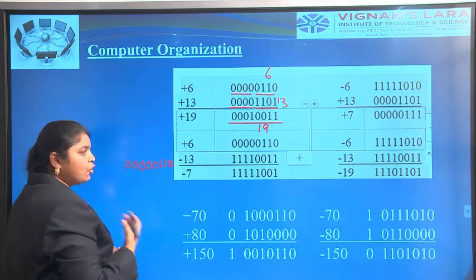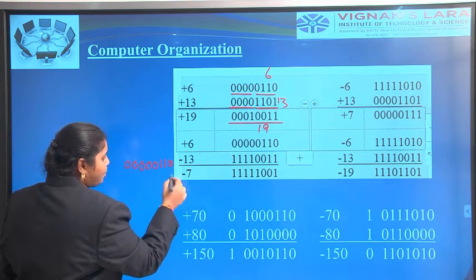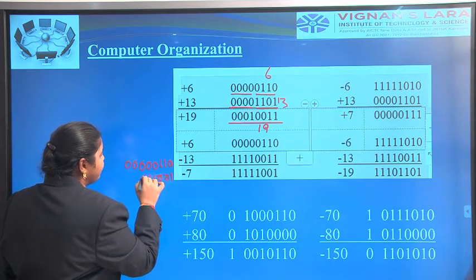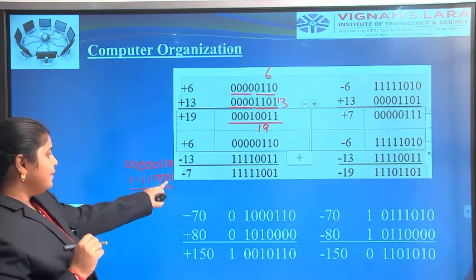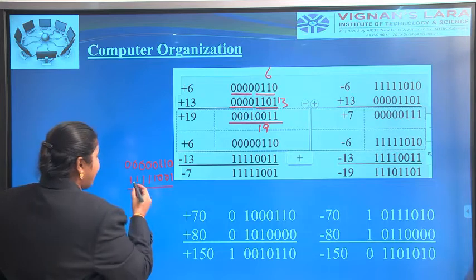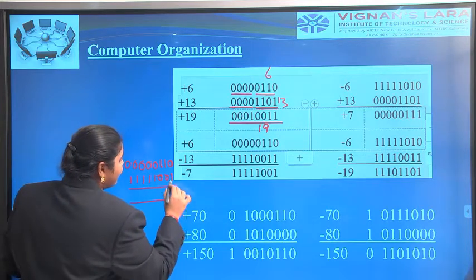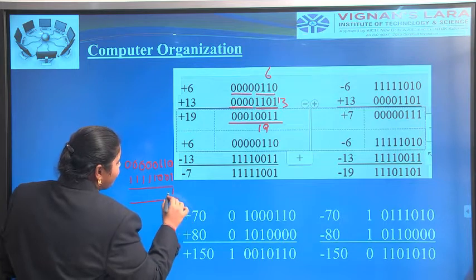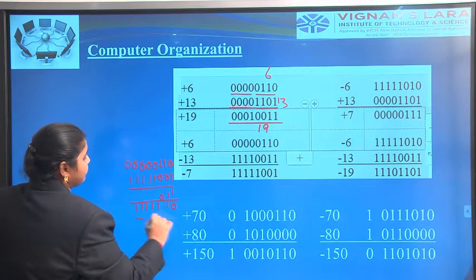But before going to 2's complement, we have to change these numbers to 1's complement. Then the resultant 1's complement has to add 1 for the final result of the 2's complement.